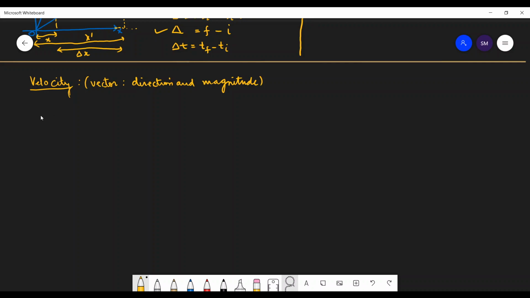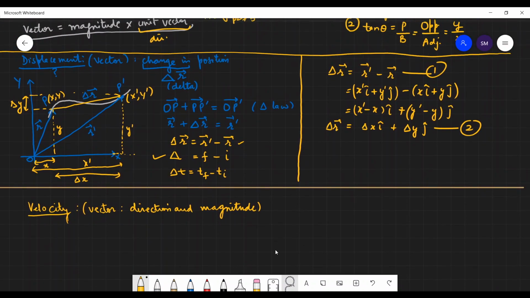Now let us go back to the last topic that we did, displacement. Here the object was moving along this path, and P and P dash were the positions at time t and t dash.